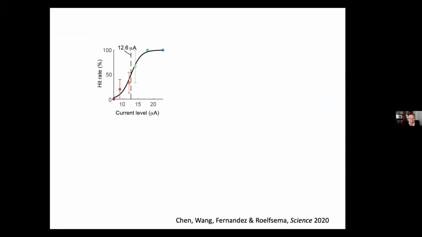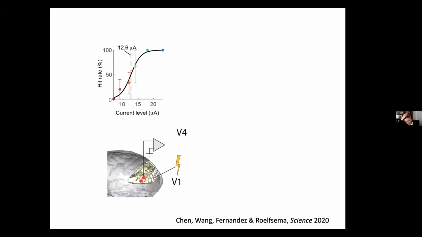An interesting observation, and something that is of importance, is that every electrode has its own threshold, right? For one electrode you may have to stimulate with 50 microamps before the monkey sees it. Another electrode you may have to only do 10 microamps. So here is, for one of these electrodes, the hit rate as a function of current level.